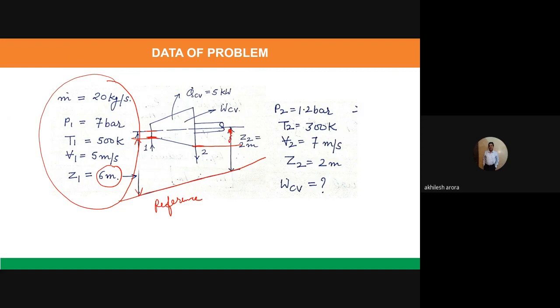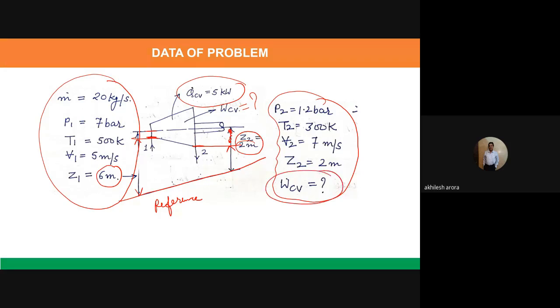And this is the pressure, temperature, velocity, elevations, all the values. This is QCV, and we have to calculate the value of power or work. So I hope the problem is clear to you. Now let us go for its solution.